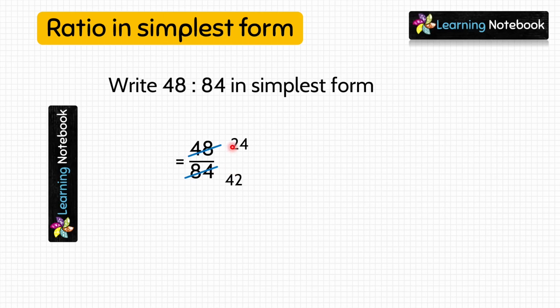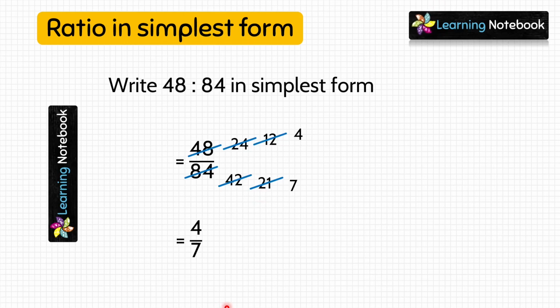Again, they have common factor 2. So let's divide them by 2. We get 12 by 21. Now, these two terms have common factor 3. So, on dividing them by 3, we get 4 by 7.